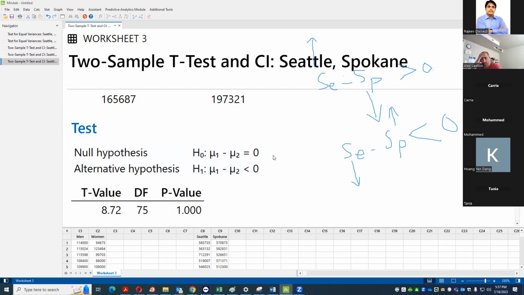Actually, all three hypotheses are written in this way. So here in Minitab, we only get equal to 0 or not equal to 0, but let me write it here.